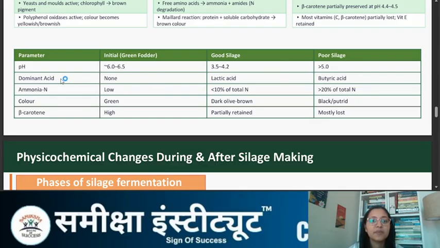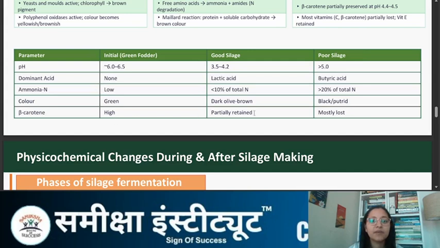Initially there is no acid. In good silage, lactic acid dominates; in poor silage, butyric acid is higher. Ammonia nitrogen should be less than 10% of total nitrogen in good quality silage and more than 20% in poor silage. The color is dark olive or brown, and in poor silage it is black with a putrid odor. So basically these are the changes that occur.